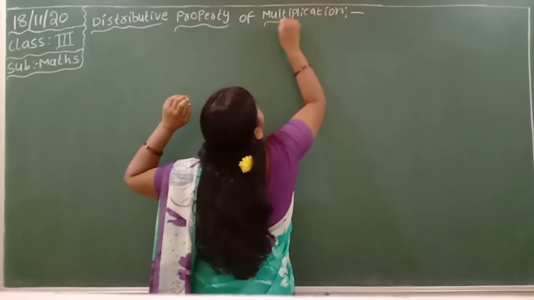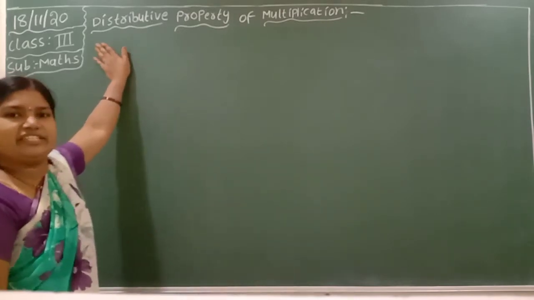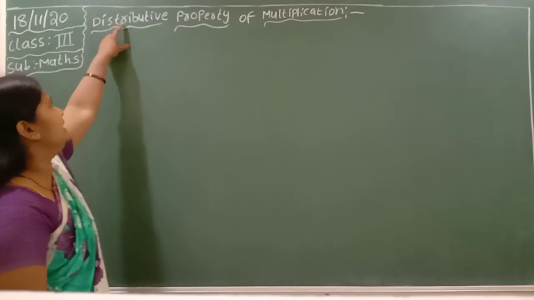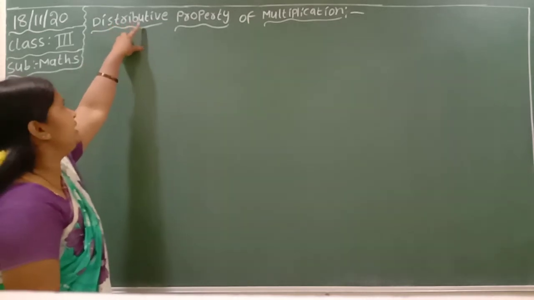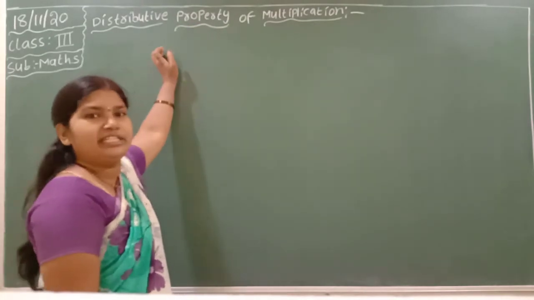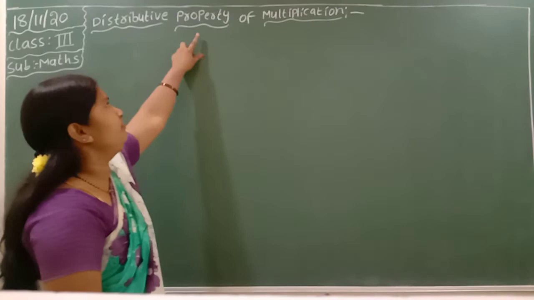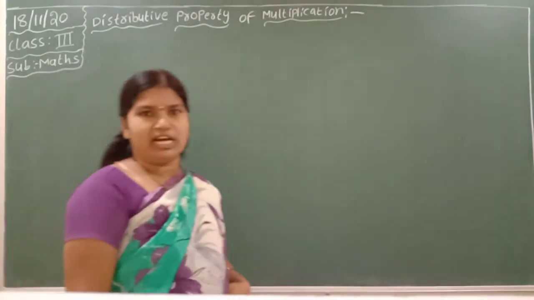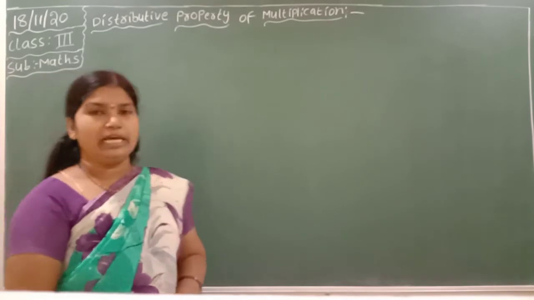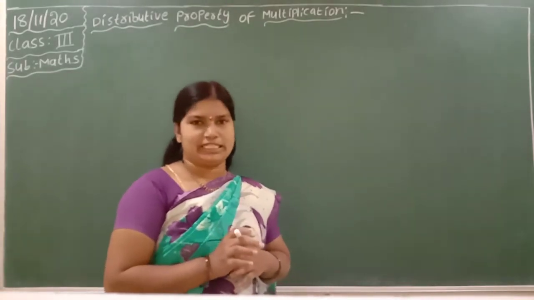It is the third property, the last property. Say the distributive spelling, children. Distributive. Distributive property. Okay. Here, first of all, I am taking one example.